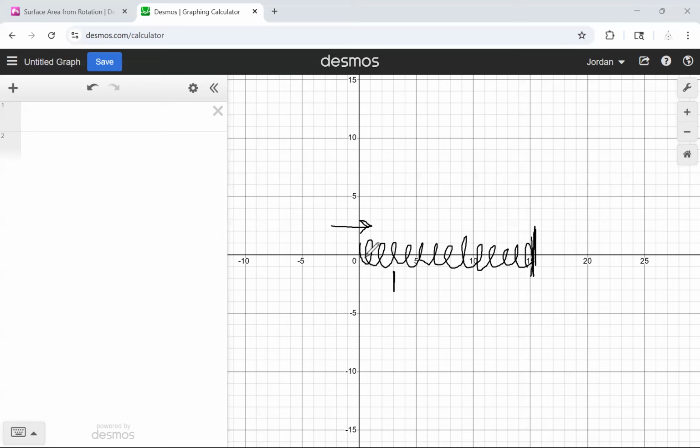So the spring is sitting on this x-axis, and I'm compressing it to the right. Whatever value of x I am at gives me how far I've compressed the spring. And that turns out to be a really nice feature.